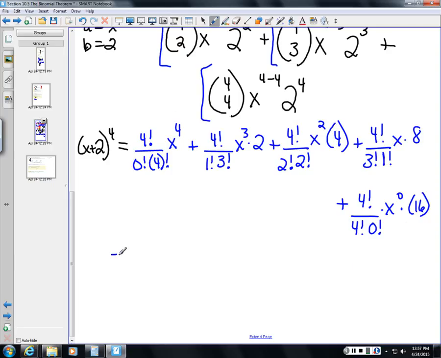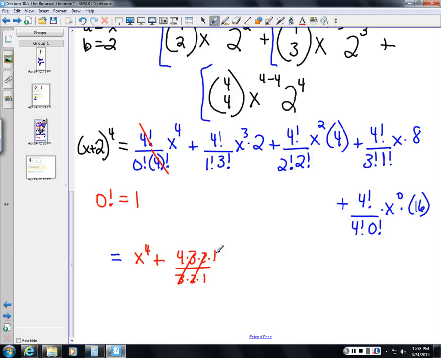So finishing this out, or reducing it, what happens here is the 4 factorial cancels out the 4 factorial. Remember earlier we defined 0 factorial as a special case. It's actually equal to 1. So that leaves me with 1 x to the 4th plus. Over here we end up with 4 factorial over 3 factorial. So that's 4 times 3 times 2 times 1 over 3 times 2 times 1.